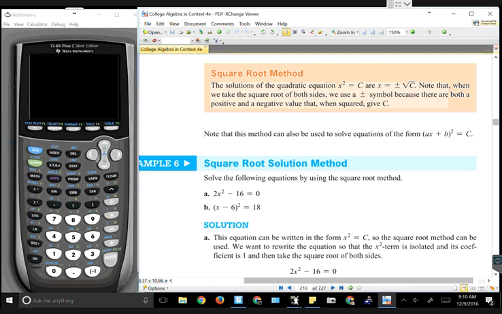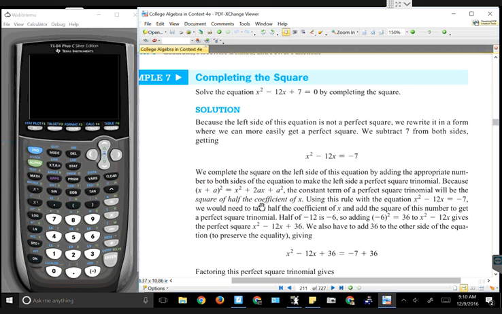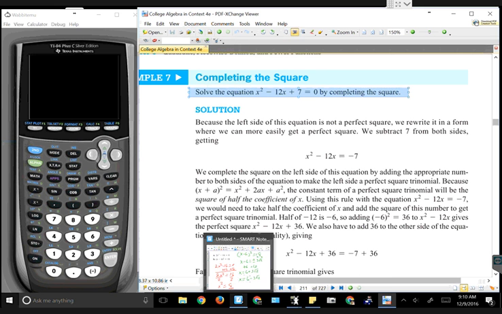All right. The next thing we're talking about is completing the square. Now, if there is one thing that is troublesome for students, it's usually this, because this takes a whole boatload of mental gymnastics.